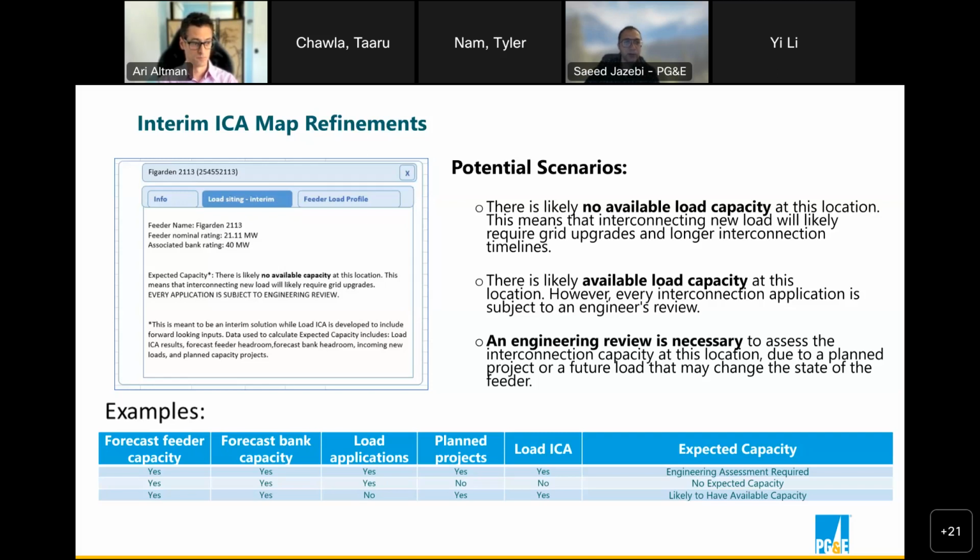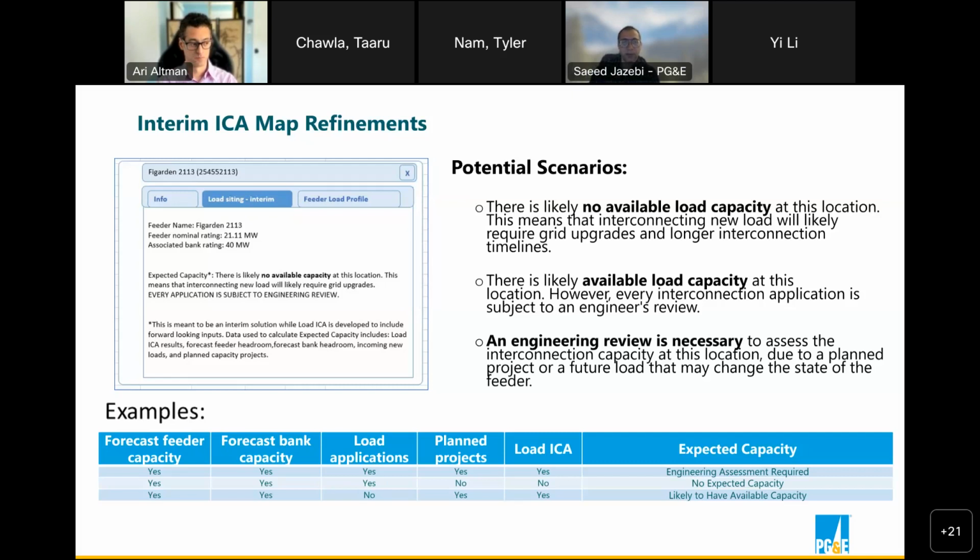So we will look at four different data fields: forecast feeder capacity, forecast bank capacity, load application, planned project, and load ICA data. And so we'll have the data available in the back end and a logic developed to reach one of these answers. And the final results basically will be published on the map.